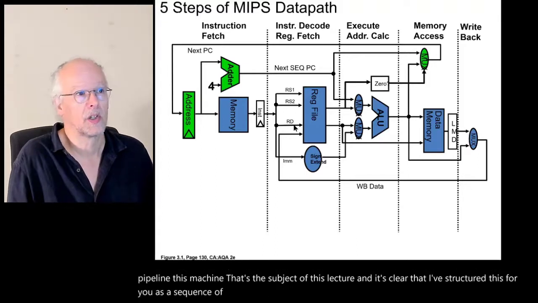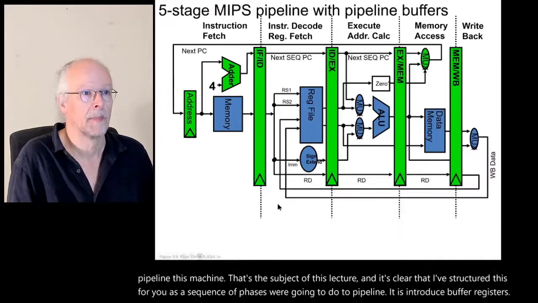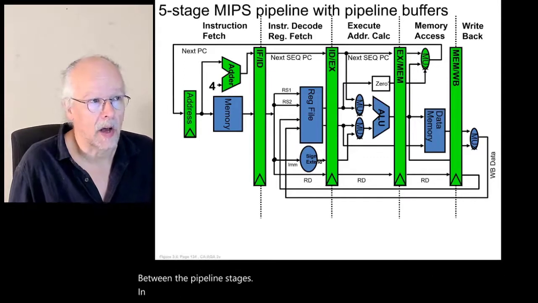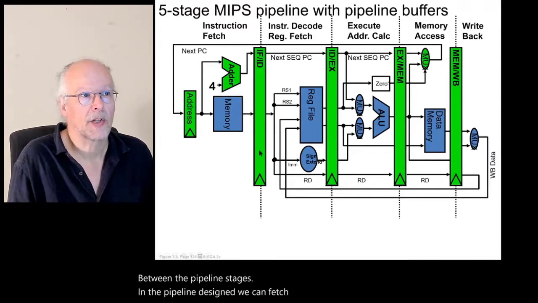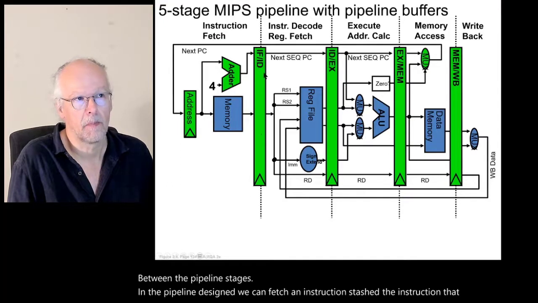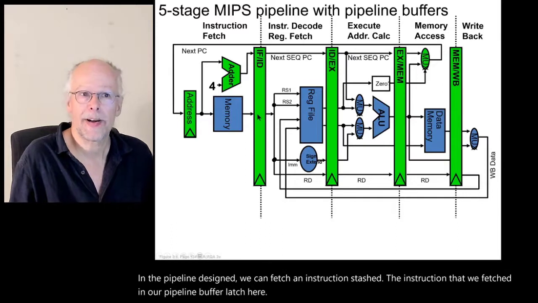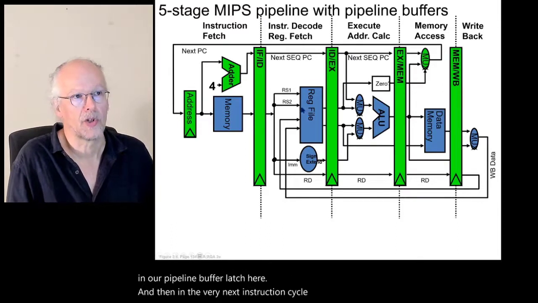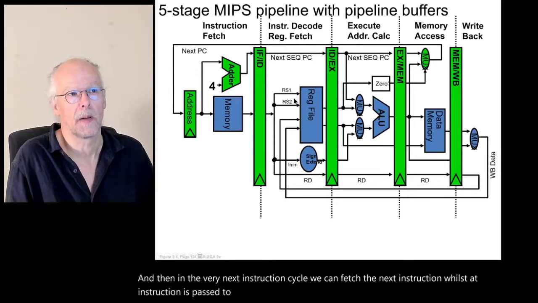What we're going to do to pipeline it is introduce buffer registers between the pipeline stages, like so. So in the pipelined design, we can fetch an instruction, stash the instruction that we fetched in a pipeline buffer latch here, and then in the very next instruction cycle, we can fetch the next instruction whilst that instruction is passed to this stage of the pipeline.